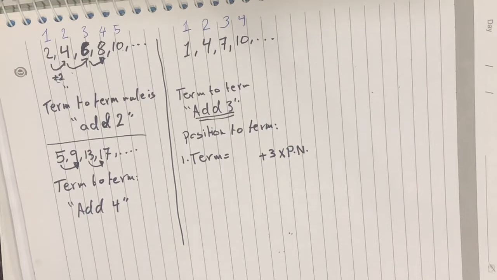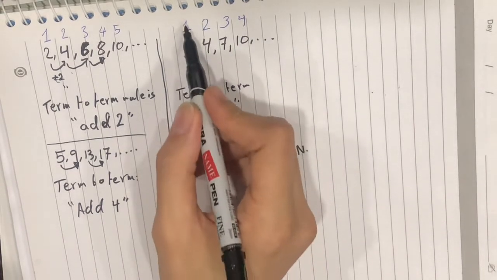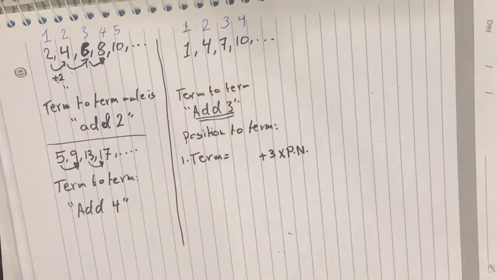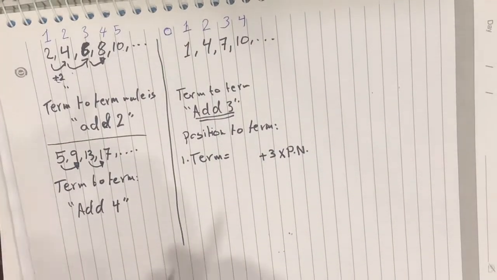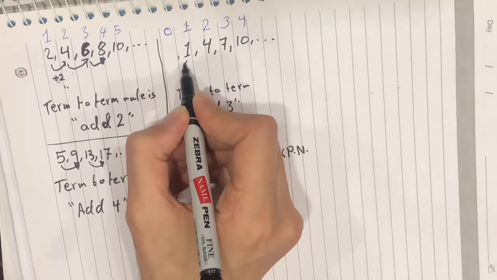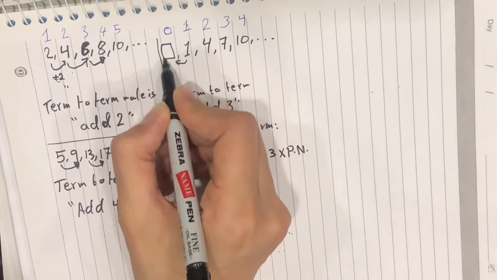Okay, now this is very important. In order to find the position to term rule, I need to find out where my term started from. This is position number 1. I need to find position number 0, which means what is the number that comes before 1 in this sequence?